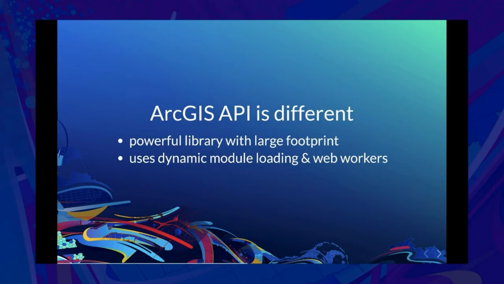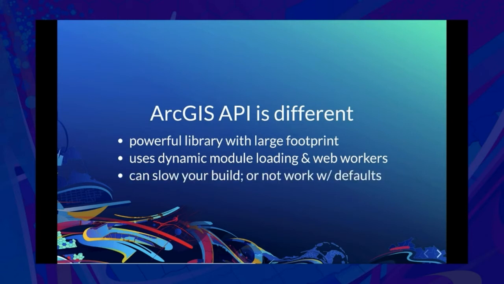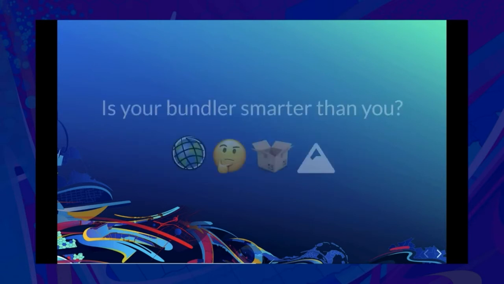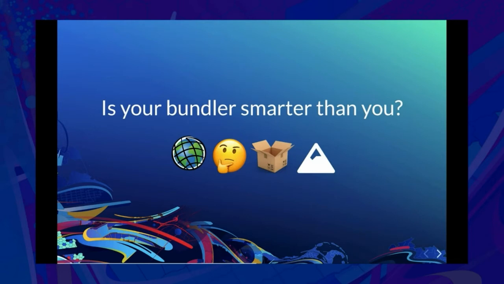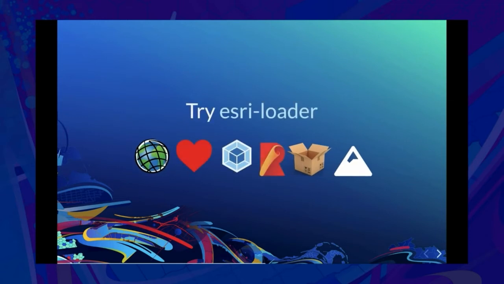But when you take all this and you put it through a bundler, it can slow down your build. And even sometimes if you're working with build tools that have strong conventions or these so-called no config build tools like Parcel, you might have to do a lot of extra work to try and get ArcGIS Core working in that scenario. So we do have a third way for you to get the API.